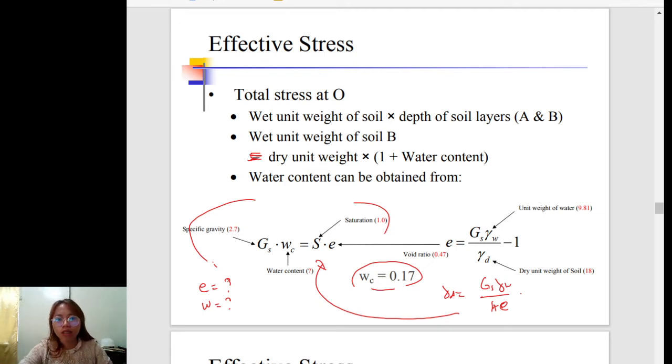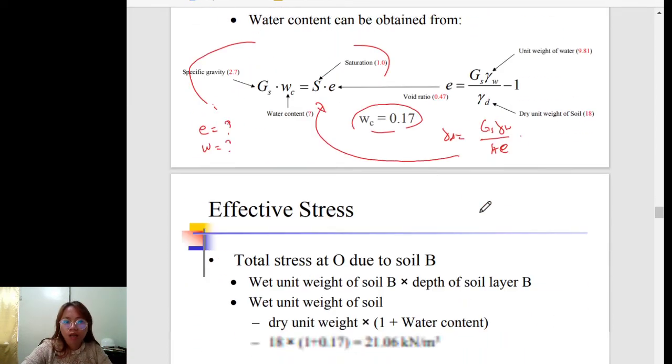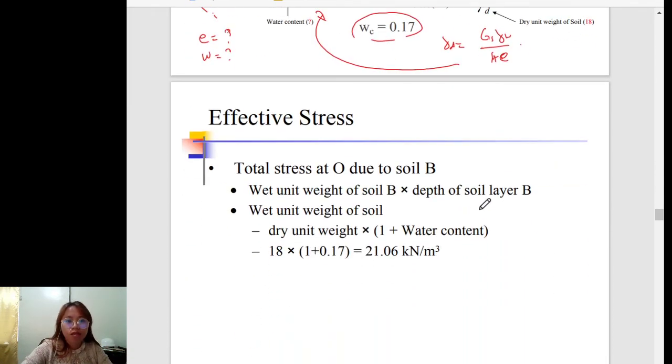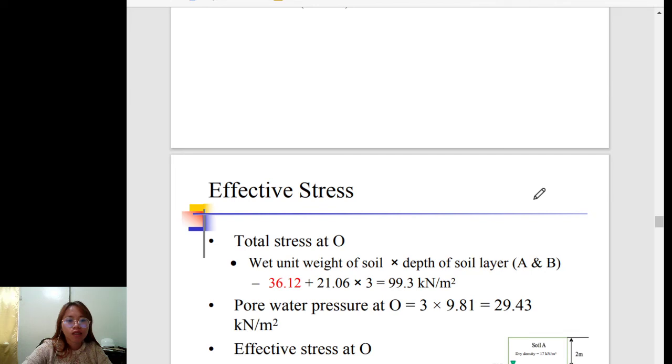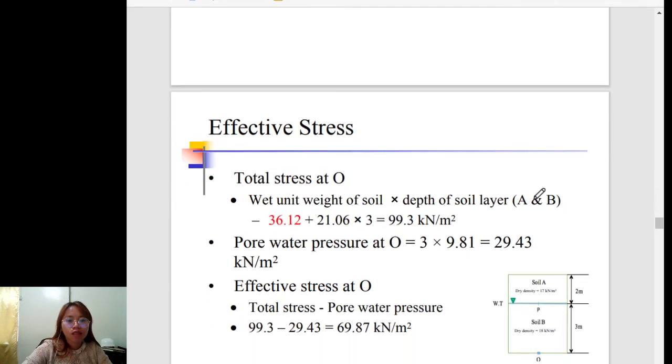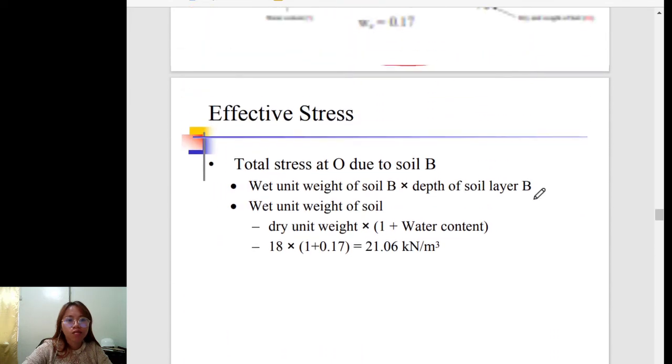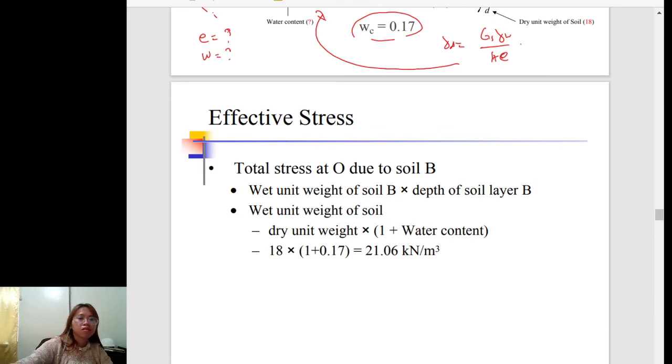Dili na nato ni siya further discuss, and I mean mano-mano gyud og solve, but concept lang akong ihatag, no? So that the wet unit weight is equal to, pareha lagi hapon, no? This is equal.